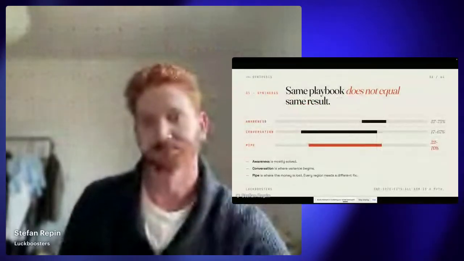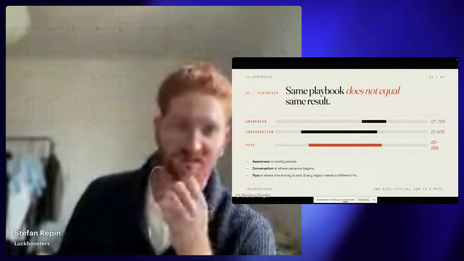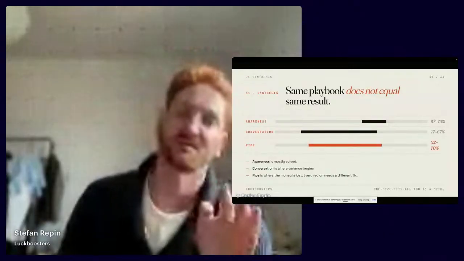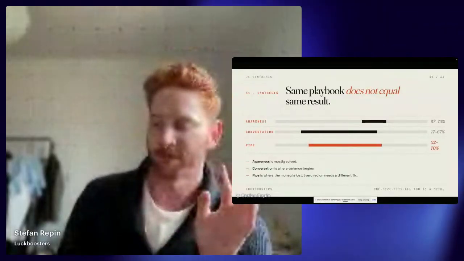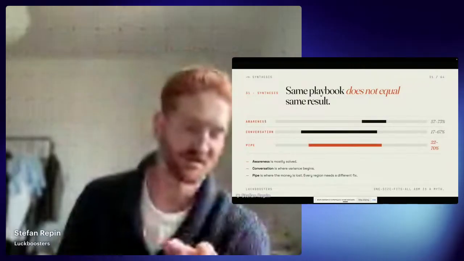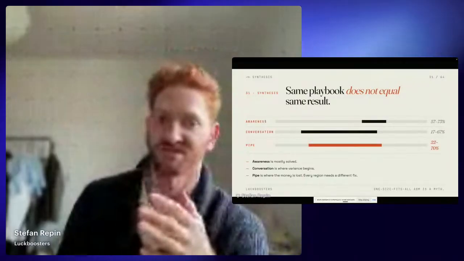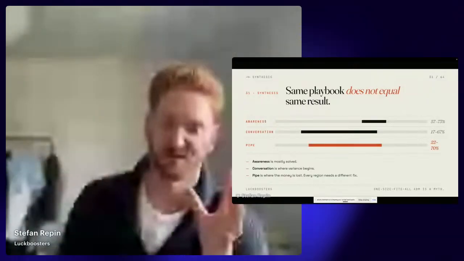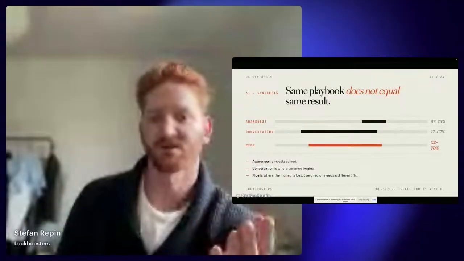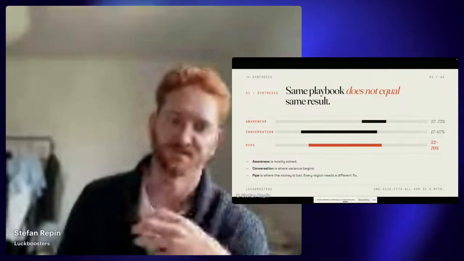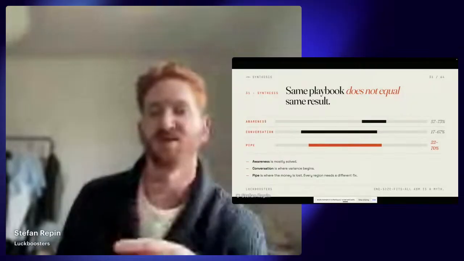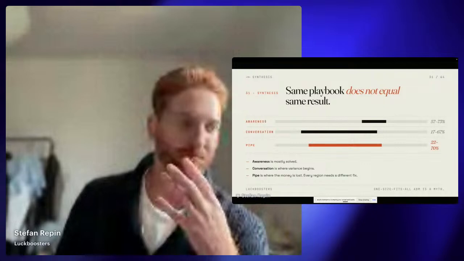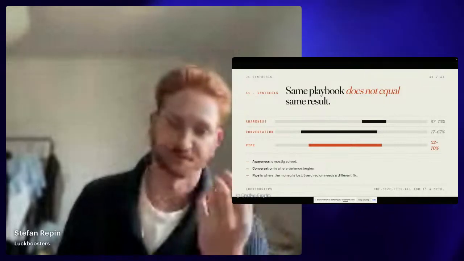Well, same playbook does not equal same result. So you have to be very unique to each market. Some markets you have to push on ICP. Other markets you need to push on more conversations. Let's say Eastern Europeans, let's say Central Europe. If you sell in Central Europe in northern countries, they like a conversation, but then the conversation pipe ratio is good. So you need to work on conversation more with them, okay? And vice versa.